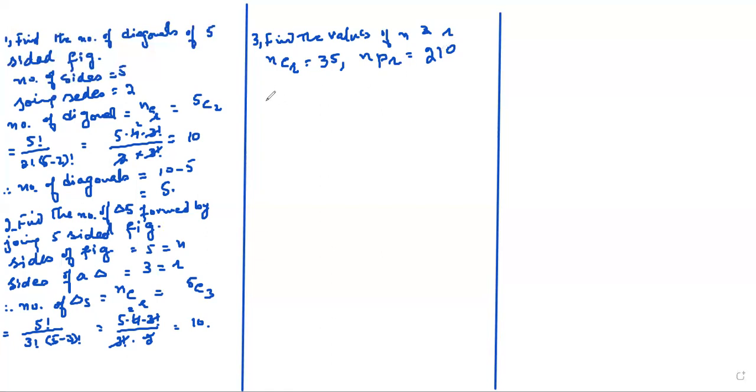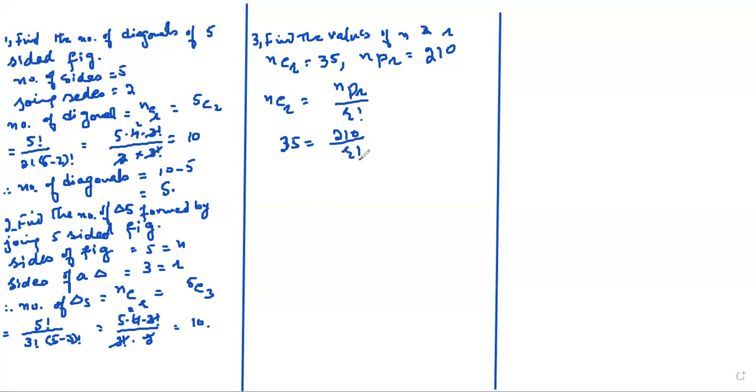Now we know that nCr equals nPr over r factorial. Now nCr equals 35, and nPr equals 210, divided by r factorial.